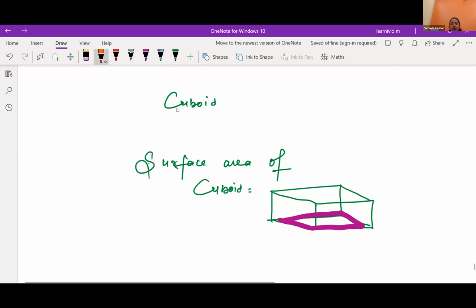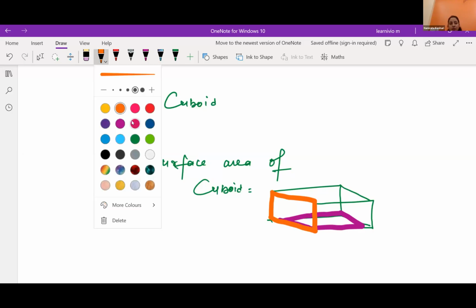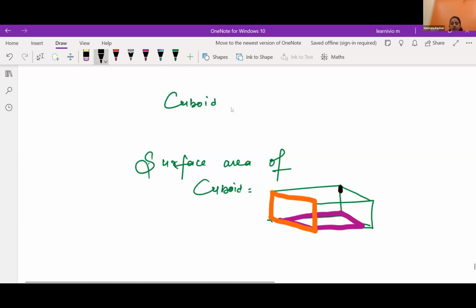Okay, there is a rectangle on the left side. There is a rectangle on the right side as well, on the top, on the back. All the rectangles I am going to highlight. Hopefully it will make sense to you. So there is a rectangle over here also.